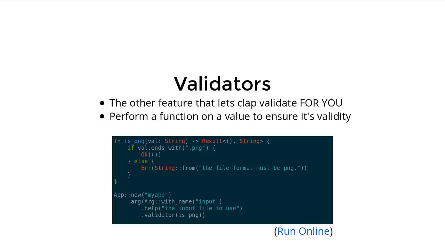The way validators work is it accepts a string, which is the input value, and you just need to return a string back with the error case of the result enum in order for the error message for the user. There's also an OS string version if you're handling stuff that deals with invalid UTF-8. But this is where you can have a particular function run on every single value for whatever case.